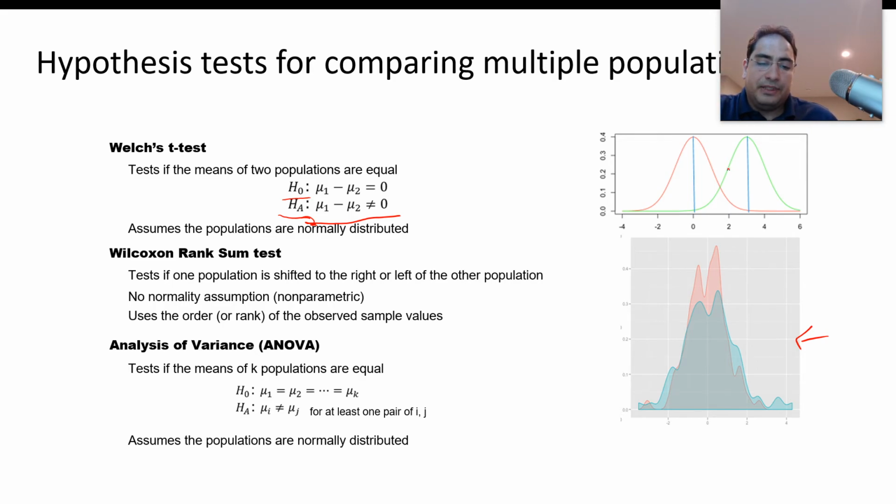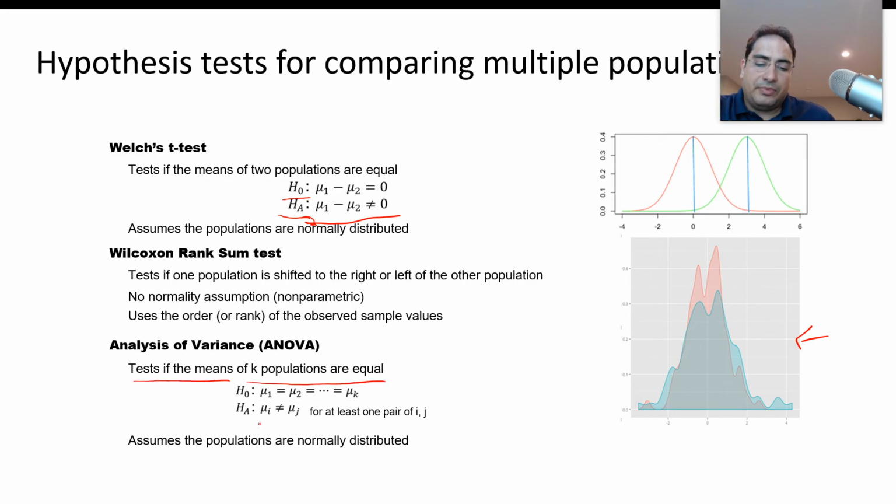We have other tests that work on more than two populations. So for example, if you are going to compare more than two populations and you want to test to see if the means of k populations are equal, you could use ANOVA.